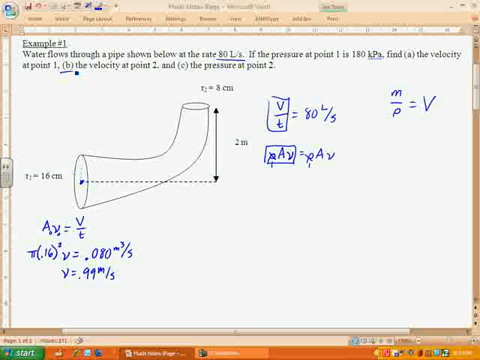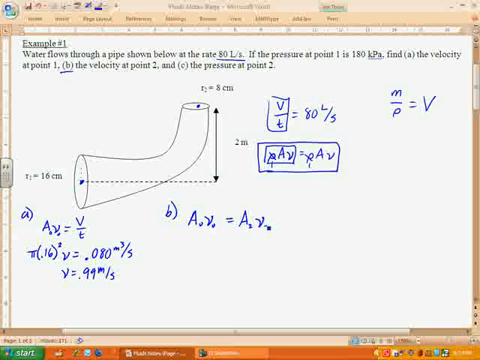So that's up here. So at point 2, we've got that the area is changing. We have that equation that we were talking about earlier with the areas and the velocities. And so again, that was part A, now we'll go on to B. So we're going to take the initial area times the initial velocity and say that will be equal to the final area times the final velocity.